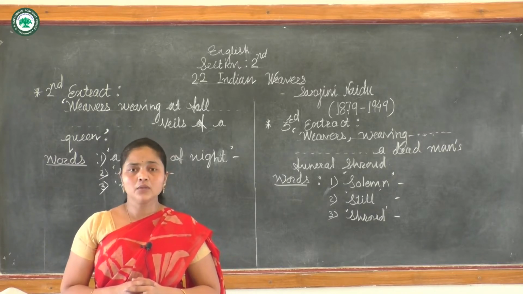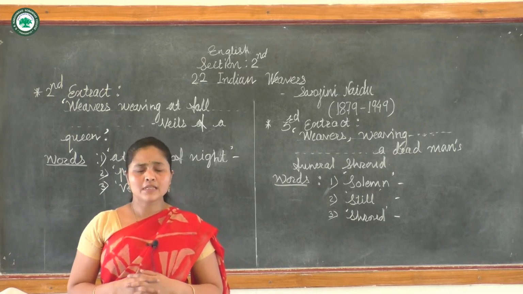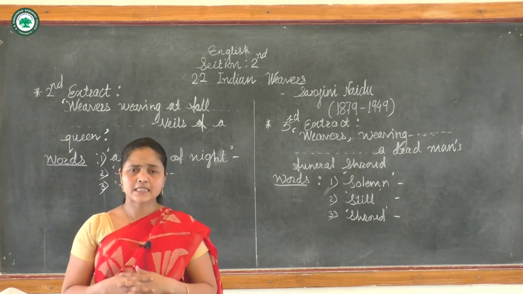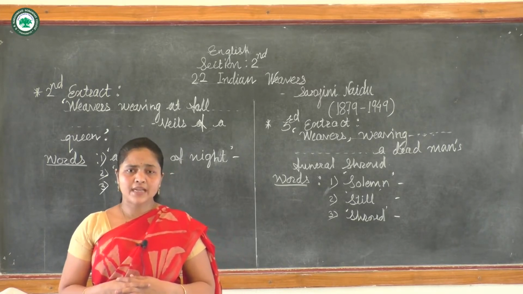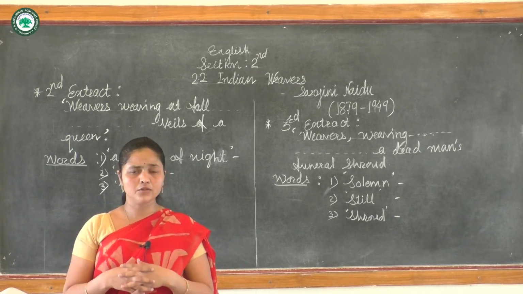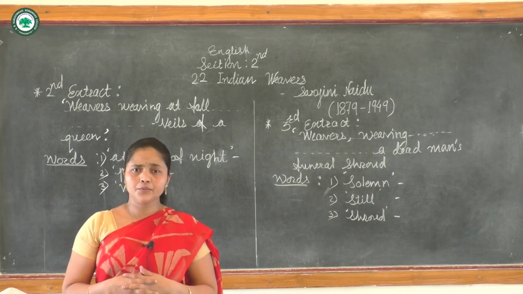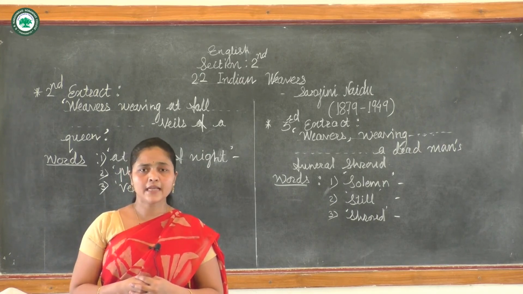Now we can say that this poem is nothing but one's life journey from birth to death, all depicted by the poet. As well, we can find all the Indianness in this poem. So all these may help you in the appreciation of the poem. Okay, thank you so much.